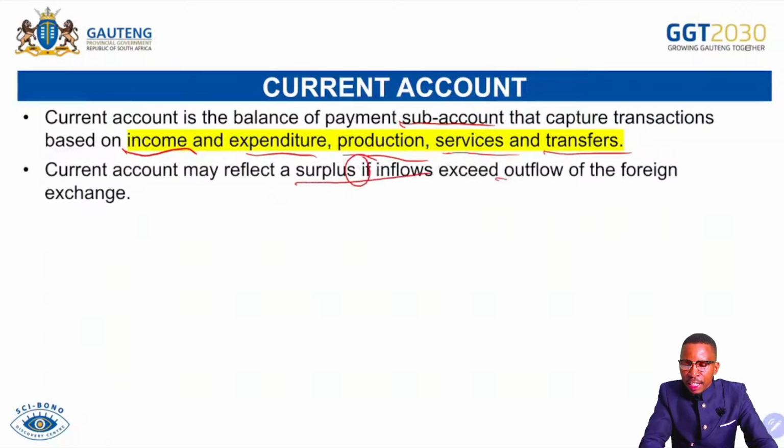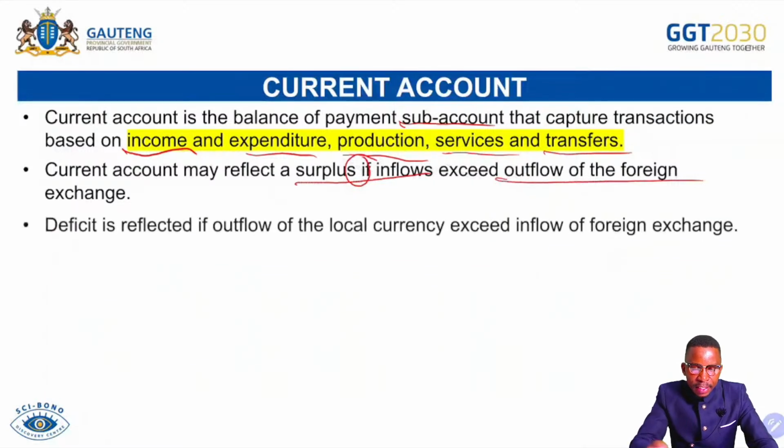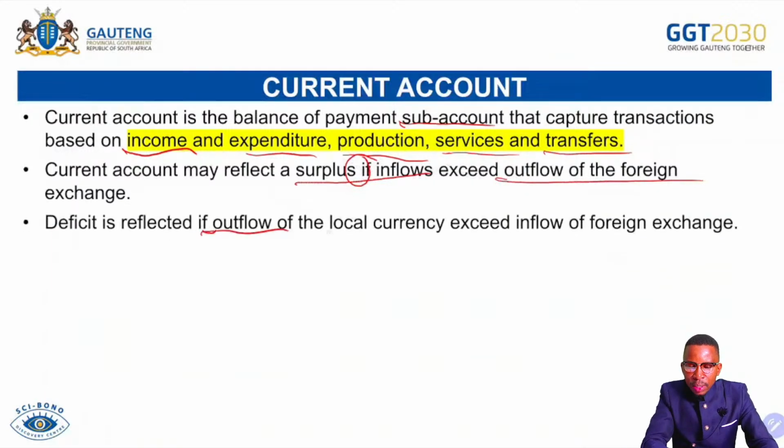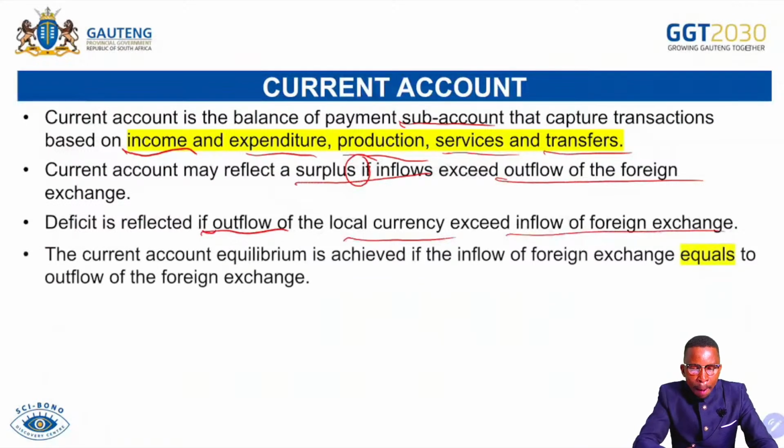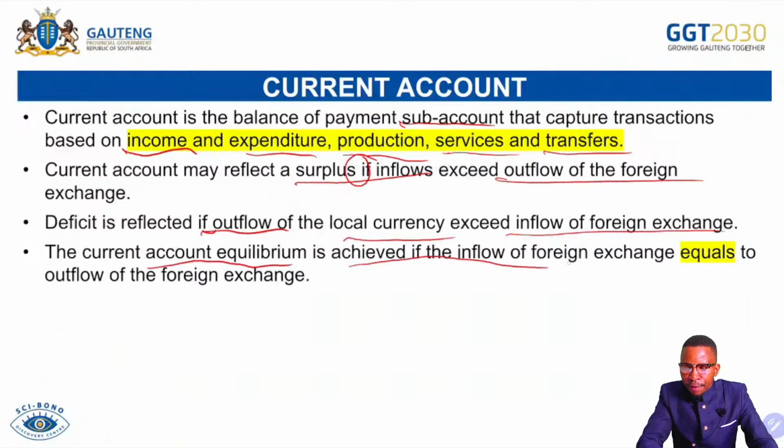So the current account may reflect a surplus of inflows if inflows of foreign exchange exceed outflows. A deficit is reflected if outflows of local currency exceed the inflow of foreign currencies. The current account equilibrium is achieved when the inflow is equal to the outflow of the currencies.